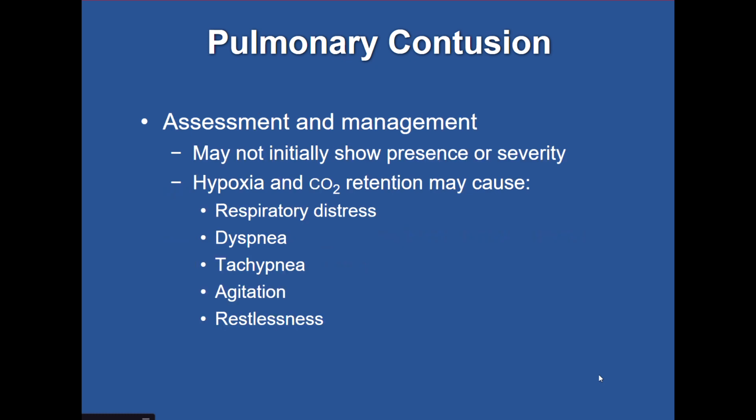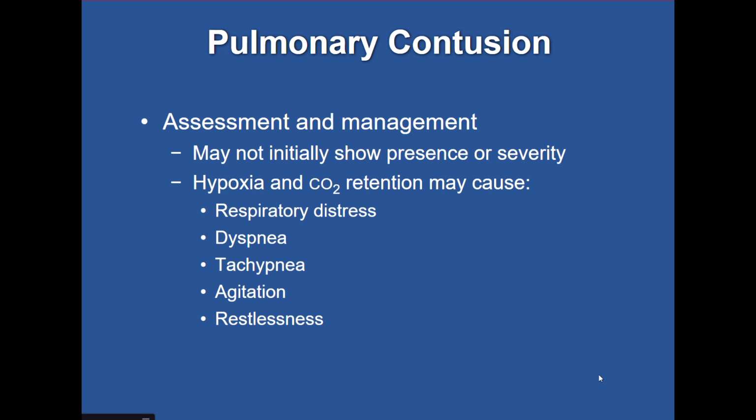Alright, so how are they going to present? Again, difficulty breathing. They might be breathing fast, their heart rate might be up, they might have that agitation or restlessness, which is those beginning signs of the brain becoming hypoxic, and there's a mechanism of injury that goes along with it.